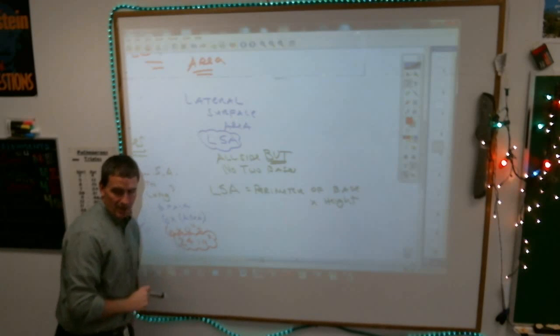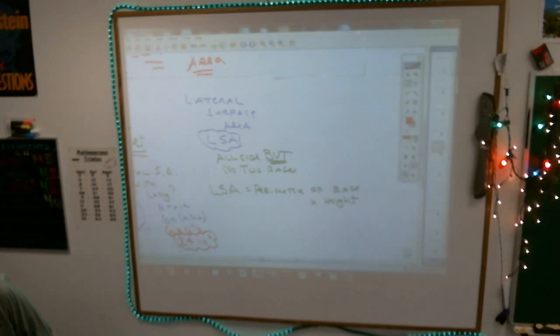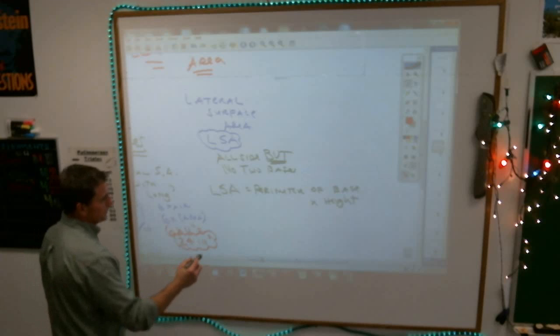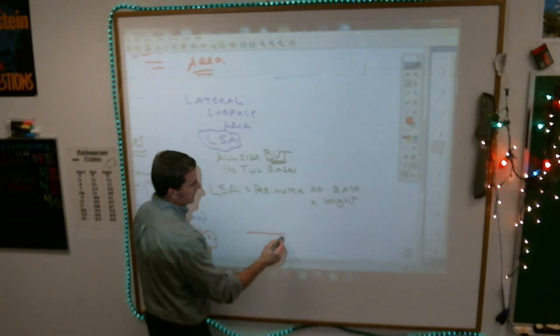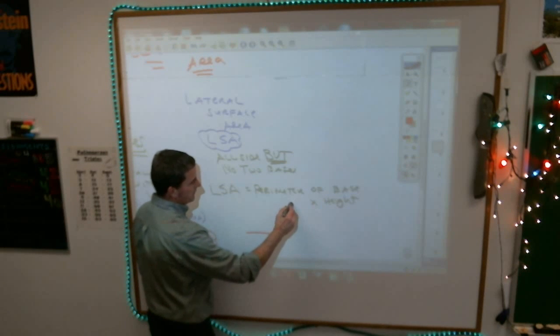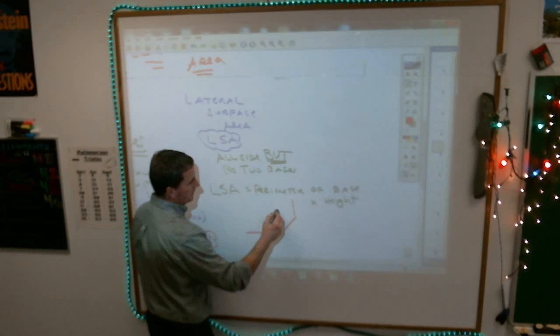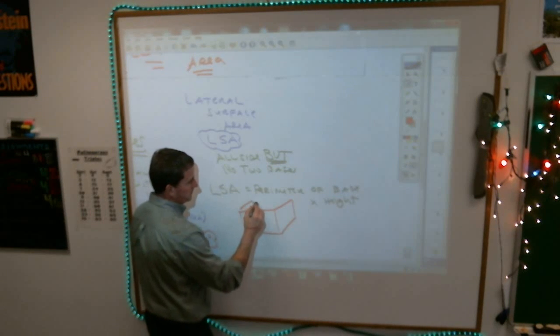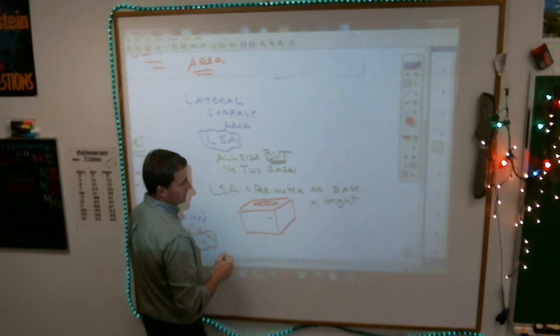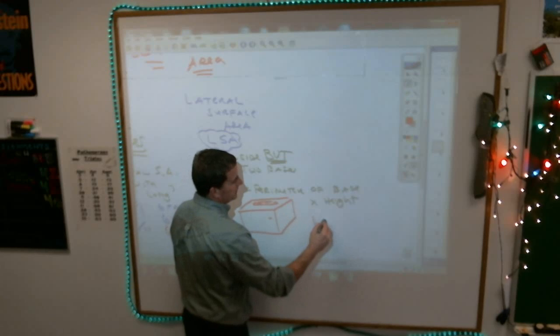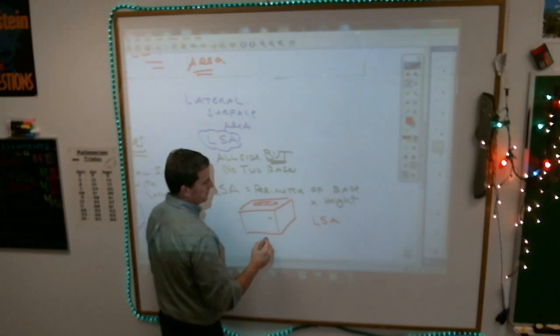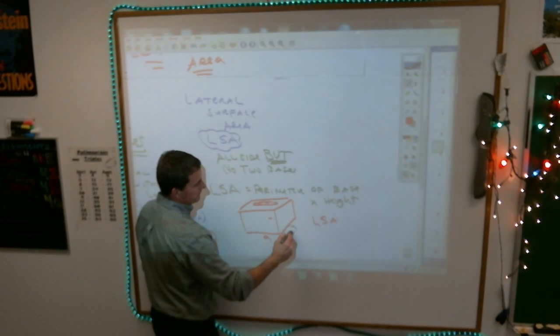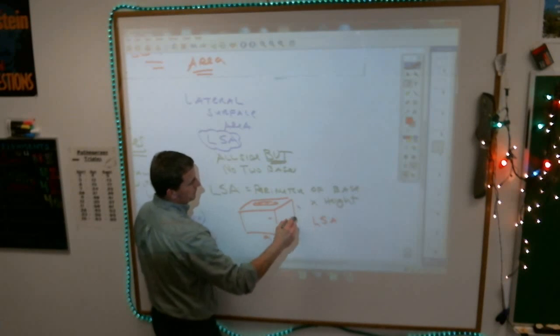Now, what about this problem here? Let's draw another one. What if you have this tissue box that is 9 by 5 by 4, and I want the lateral surface area of this.